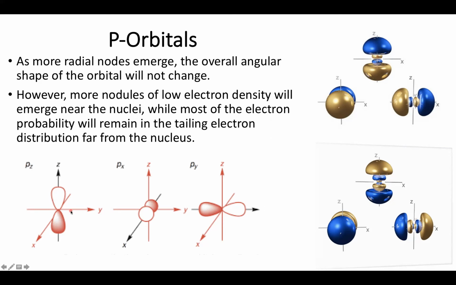So if I have an n of 2, L of 1, I've got no nodules, and I have a classic barbell shape that everybody knows from Gen Chem. However, when I go to an n of 3, I introduce an additional nodule close in, and we have, well, let's be frank, a kind of distorted shape. A little bit of probability density close in, a bigger section of it further out.